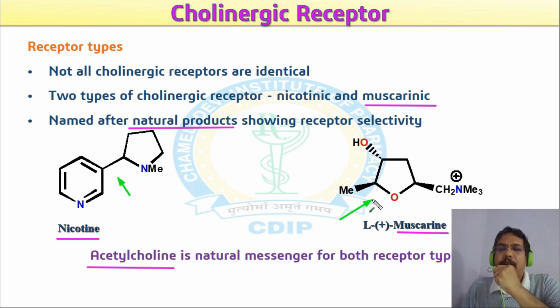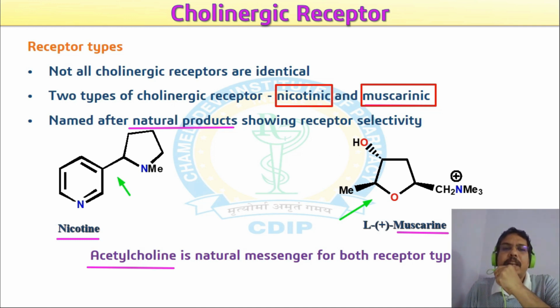They are unable to differentiate between the nicotinic receptor and the muscarinic receptor. Now the question arises, why is acetylcholine able to interact with these two types of receptors in a non-selective fashion?